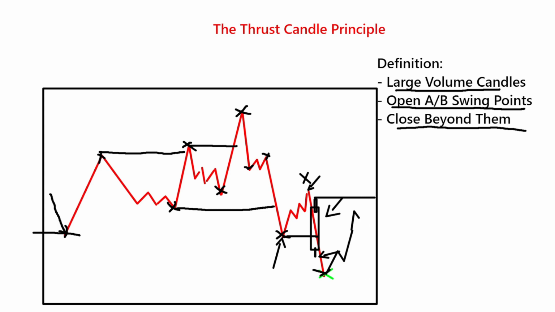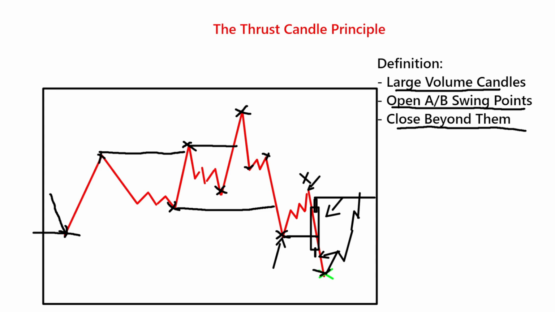Why not instead use the thrust candle, so that if you're wrong, you're going to know about it earlier, and you're not going to get slipped, because there are not so many buy-side orders resting above this high compared to the swing points? We all know that as retailers, we're going to see many stop losses being placed above and below swing points, because that's essentially what everyone is taught.